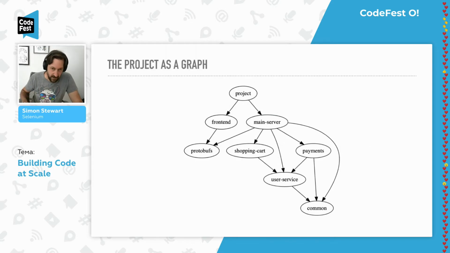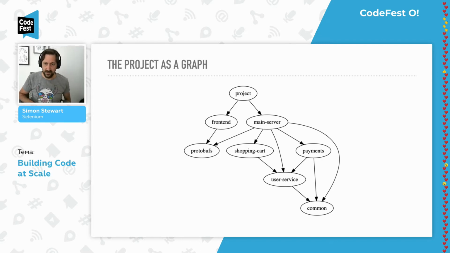You can imagine that the build is actually a directed acyclic graph, a DAG. And here is that same project, but rendered as a graph. And you can see that it pulls out some of the dependencies a bit more clearly. You can see that the main server and the front end both depend on protobufs, but then the front end is effectively isolated.